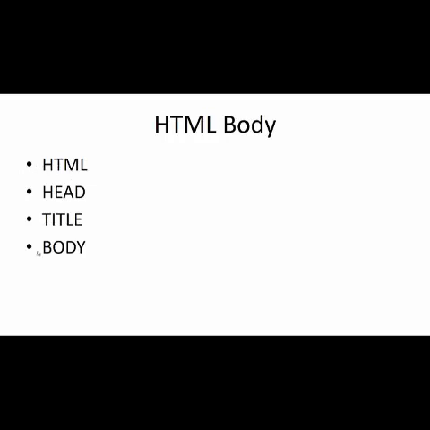This is kind of saying, okay, this is an HTML page, and then the next thing you'll see is the head. If you think about a human body, you have the head, and then right below that, you could have a name tag, like the title. And then right below that, you have a body. And then of course you have your feet and everything like that. So that's probably the easiest way to think about it.